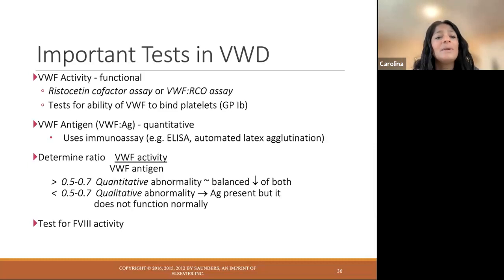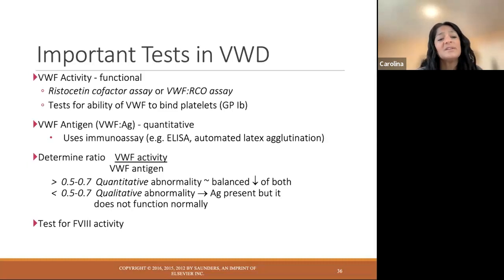If the ratio is over 0.5 to 0.7, then we're suspecting more of a quantity issue of von Willebrand's factor, because it's reflecting a balanced decrease of both.